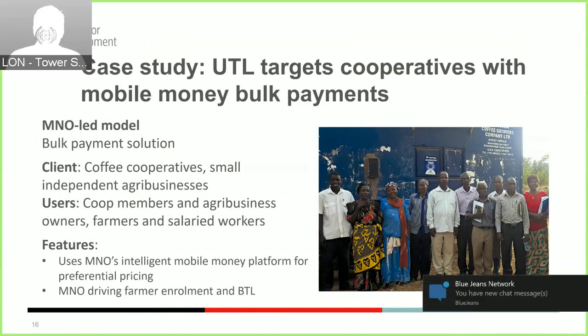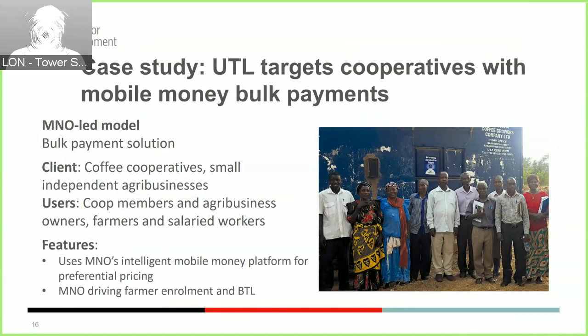The two key features of this type of solution, which have helped it move from pilot to a commercial deployment, have been the use by the MNO of its intelligent mobile money platform that allows for preferential pricing to farmers, and the fact that the MNO has been involved in enrolling farmers and has been mobilizing and training farmers and agribusiness staff.